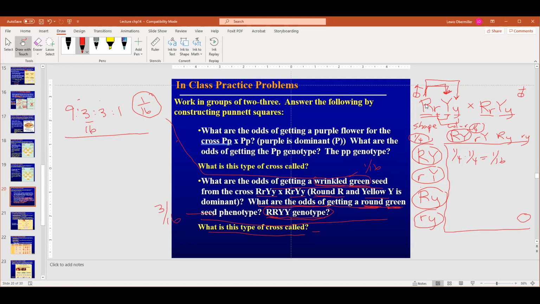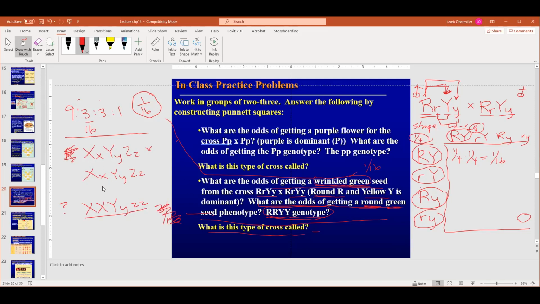So let's just say we'll do X and Y and Z, and we'll cross that to X, Y, and Z. And so I might ask you, what's the probability that you're going to get this genotype out of that cross?